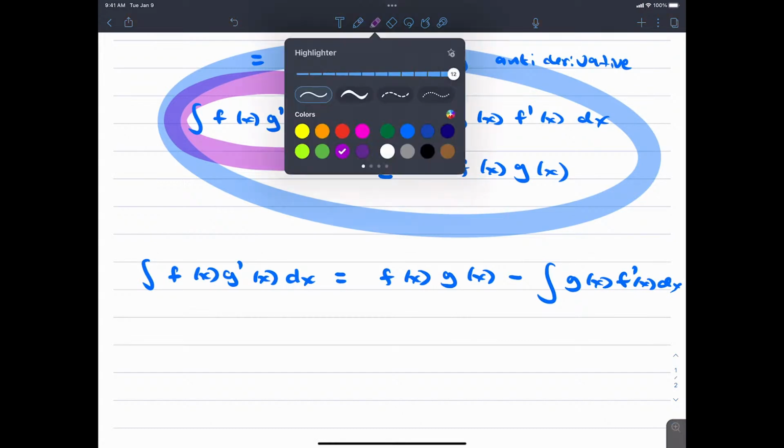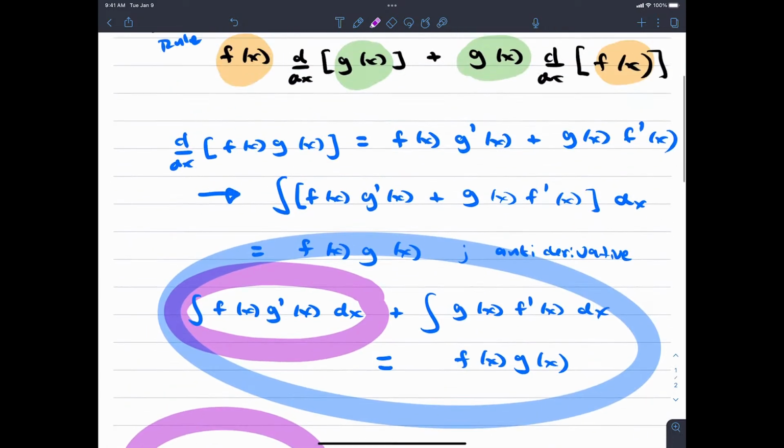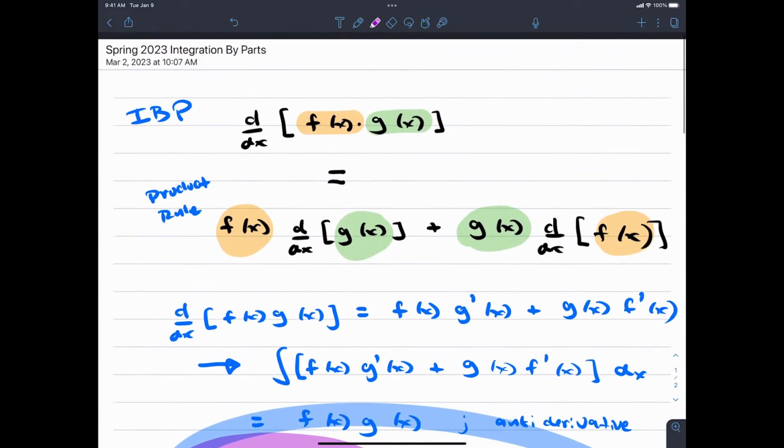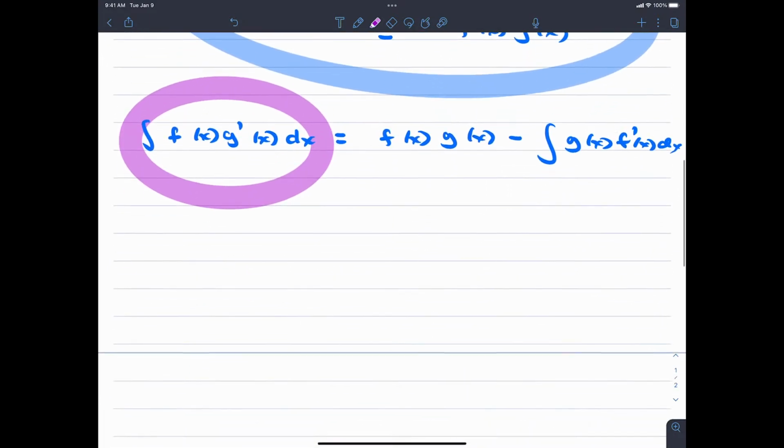Just solving for that integral, algebraically speaking. So starting with the product rule for derivatives, this is what we end up with.